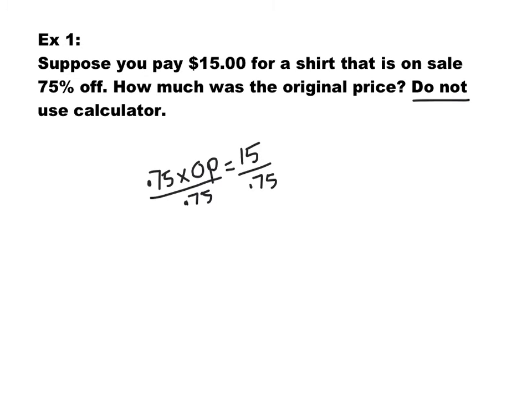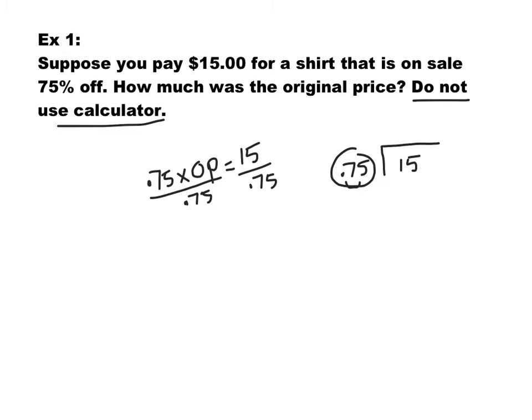The question says do not use calculator, so I'm going to go back to what we learned before and use long division. So I'm going to say 15 divided by 0.75. Remember we said that when your left hand side number has a decimal, I have to move the decimal point to the right until the decimal is gone. So I have to move this one 2 digits to the right.